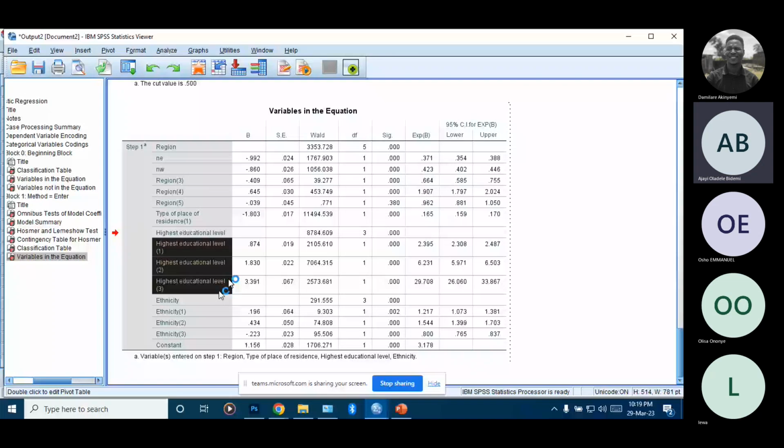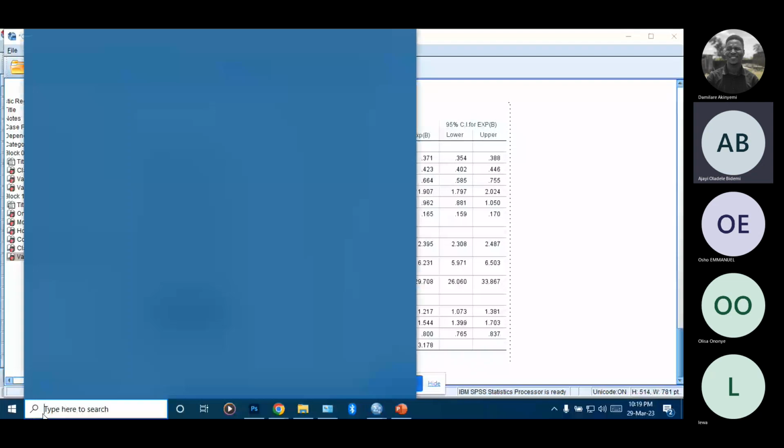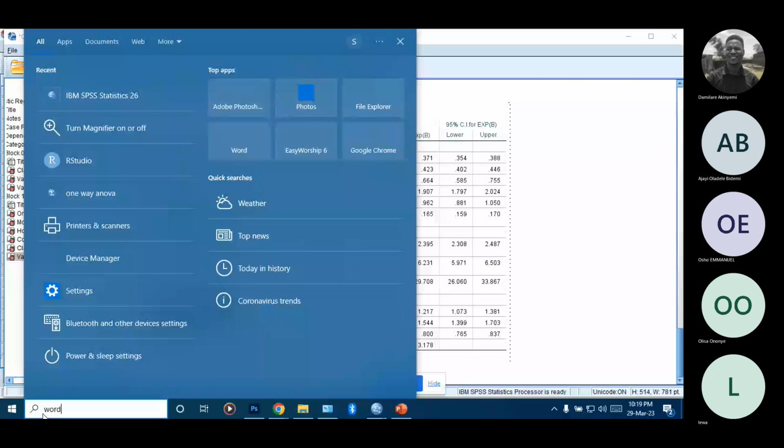Let me open my Word so that we can type. We can have the report.